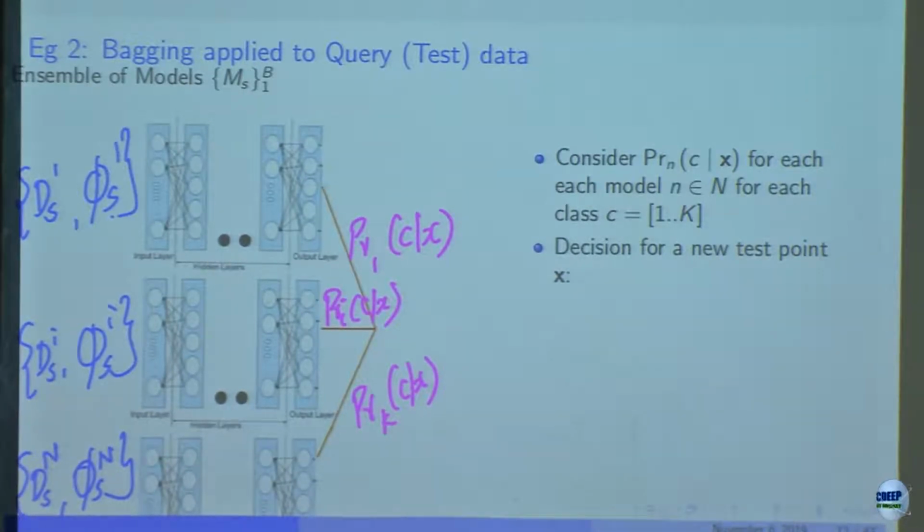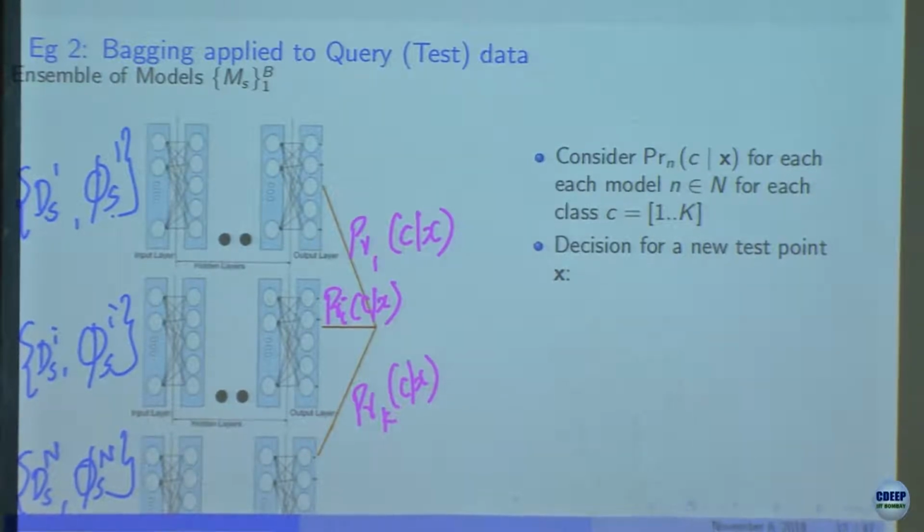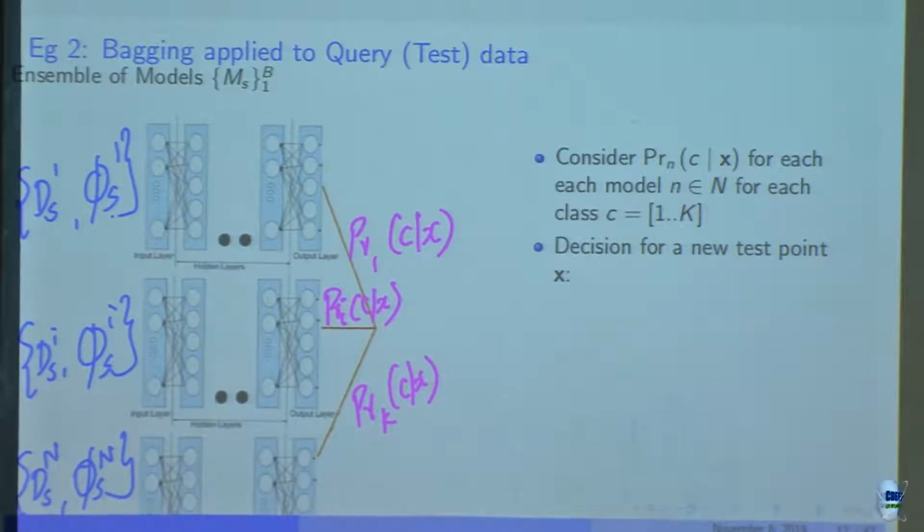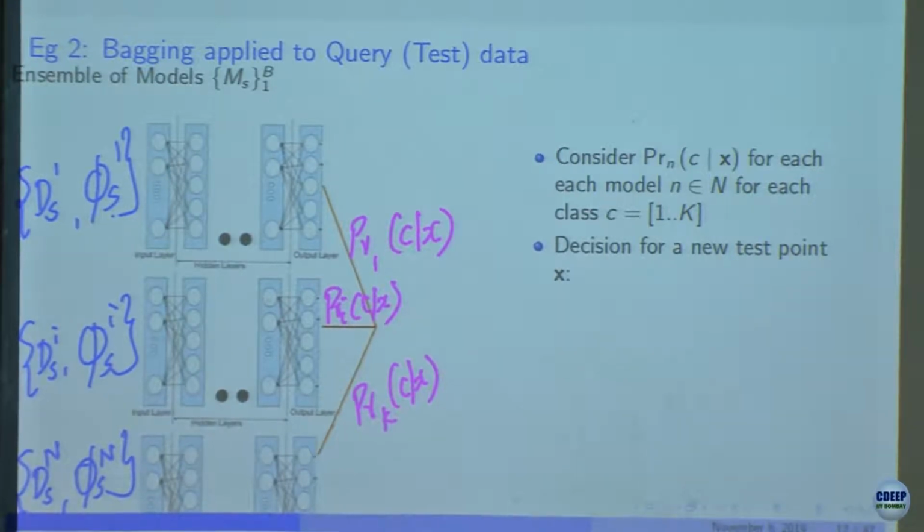So each of these models is based on a sample of the data set, possibly a sample of the feature set, and you are dealing with these probabilistic outputs. So for a new test point, what do you do? An average. Because now with neural networks you can associate probabilistic semantics if you use suitable activation units.